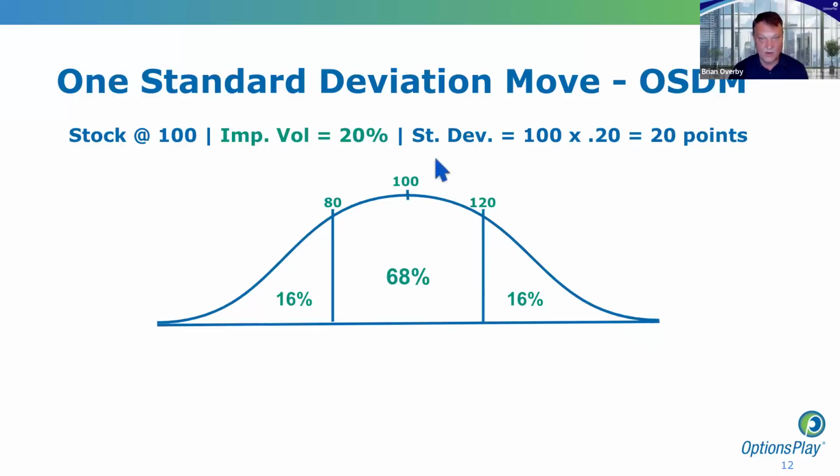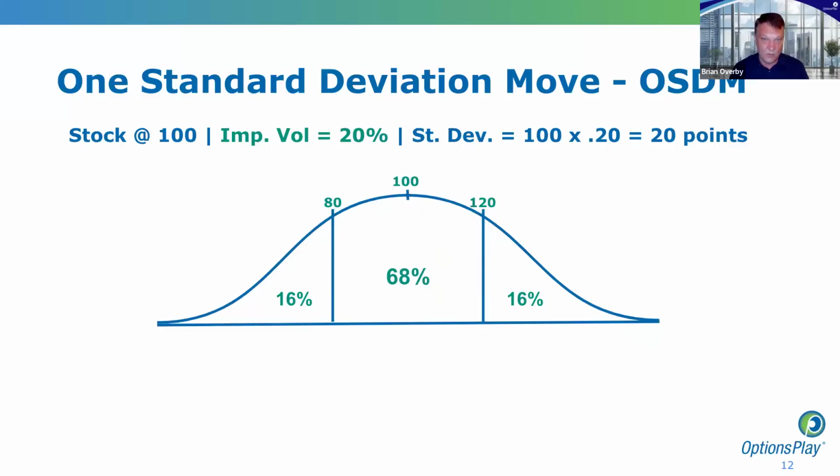The stock was at 100. We take 100 and we add 20 points to it, and that becomes 120. We take 100 and we minus 20 points from it, and it becomes 80. And the math, or the statistics behind it, says that 68% of the time, and I don't care if the stock symbol is IBM, Walmart, 3M, or Tesla, it doesn't matter.